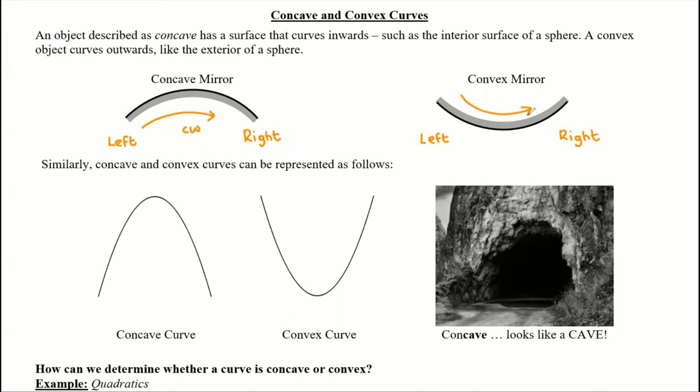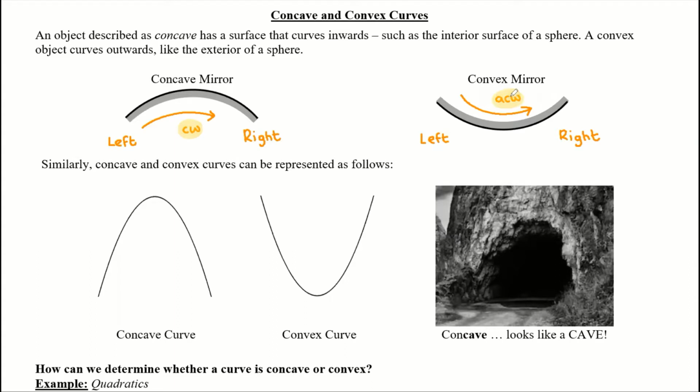So we would be moving in an anti-clockwise direction. So there's two key properties there. If you're concave, it's the arch shape where you're moving in a clockwise direction along the surface, and if it's convex, you're moving anti-clockwise along the surface, in a U shape.